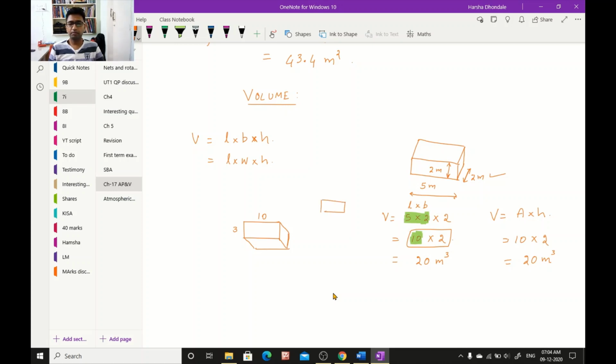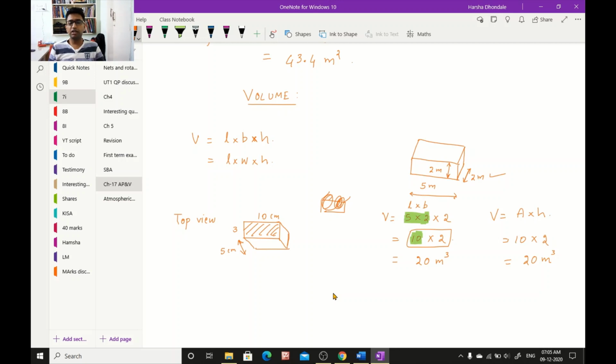Okay, so this is a rectangle. Now the base is not seen. I'm showing only the top view, from the top, what that cuboid looks like. The top of this cuboid is a rectangle, and this is 10 centimeter, and the other side is 3 centimeter. So from the bottom, let us say the height is 5 centimeters.